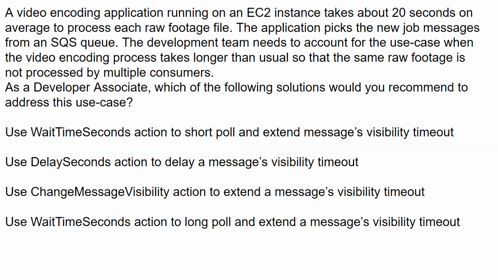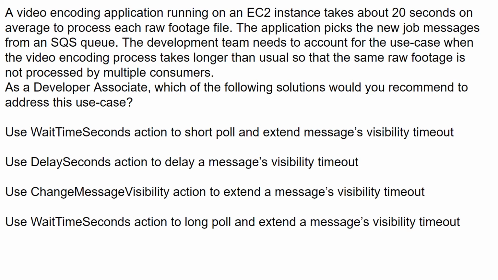Okay. A video encoding application running on an EC2 instance takes about 20 seconds on average to process each raw footage file. The application picks the new job messages from an SQS queue. The development team needs to account for the use case when the video encoding process takes longer than usual, so that the same raw footage is not processed by multiple consumers. As an associate, which of the following solutions?